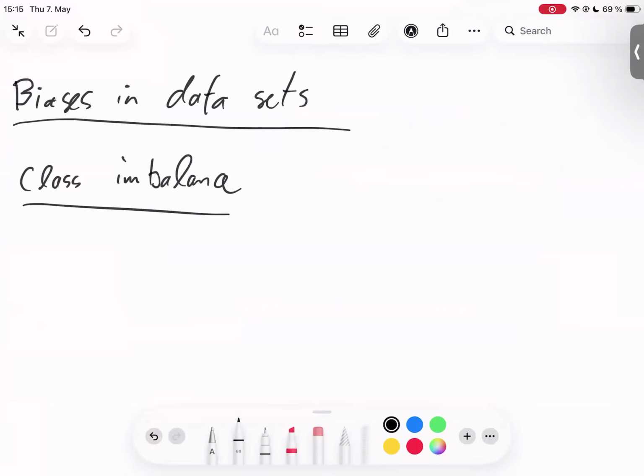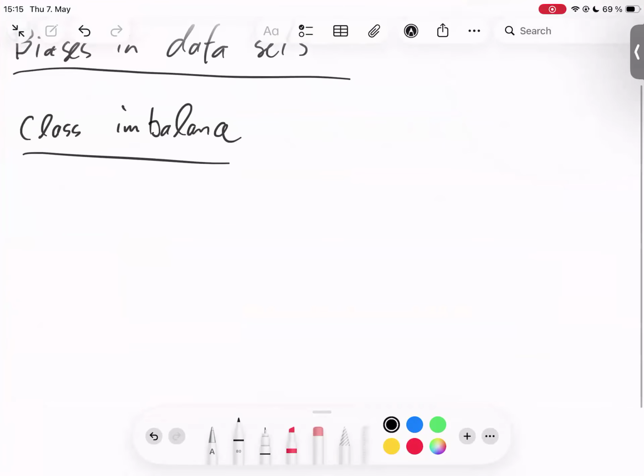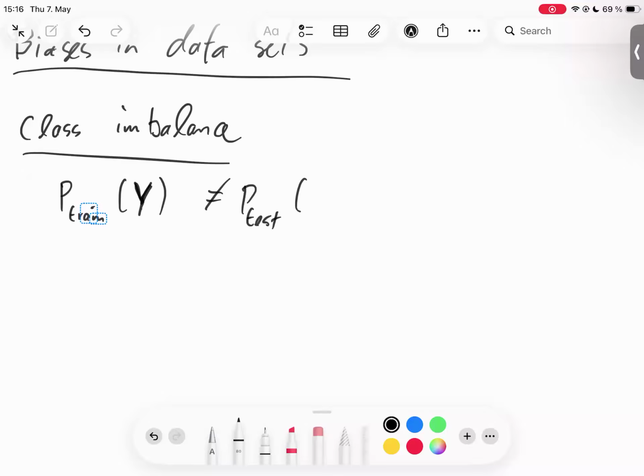So, for class imbalance, we have made the assumptions I had just shown you in the slides, but I'll write them down here again. The training distribution for the labels, Y in bold, is different to the test label distribution.